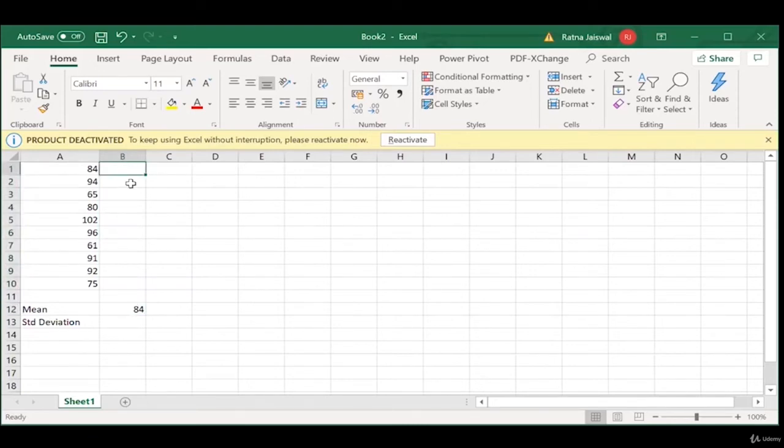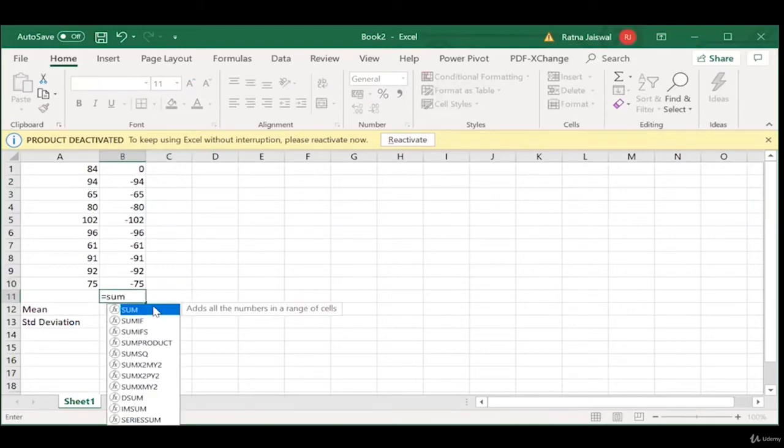Okay. A1 minus... And just try and do the sum here. No, I guess this is wrong. I think it is not coming.